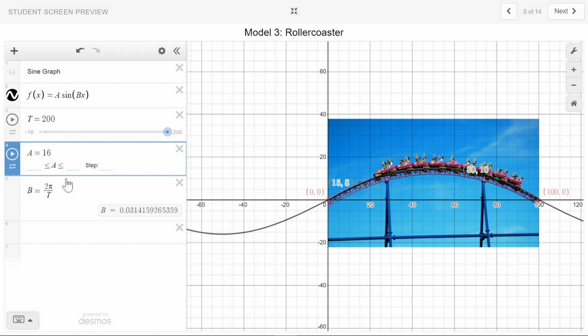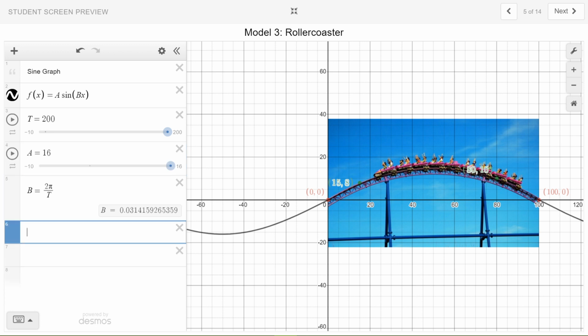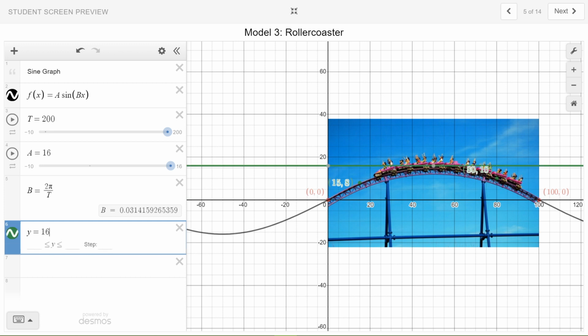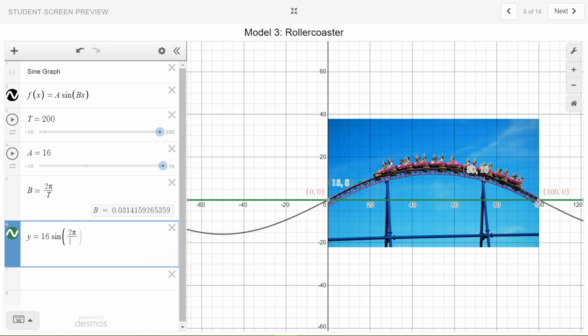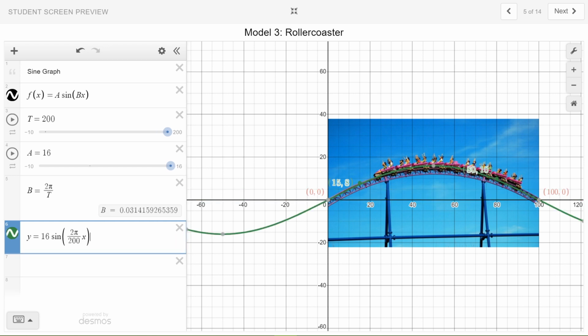And once I've done that, I'm going to write my equation. y equals a, which is 16, sine of 2 pi divided by 200 times x, close brackets.